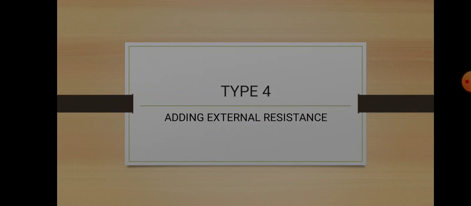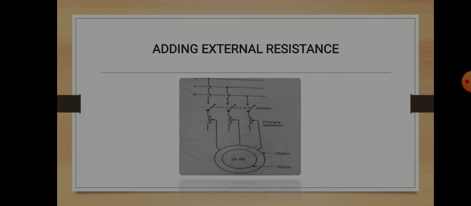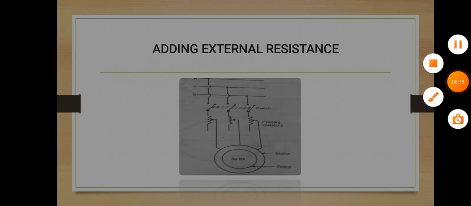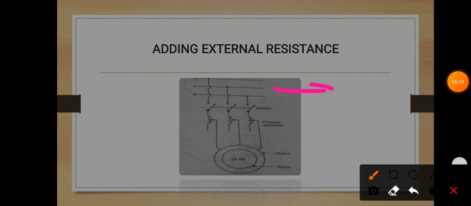The next type of varying the speed is adding external resistance. See here, this is how the resistance can be added externally. This is your supply, and before giving the supply to the induction motor, resistors are connected in each phase.